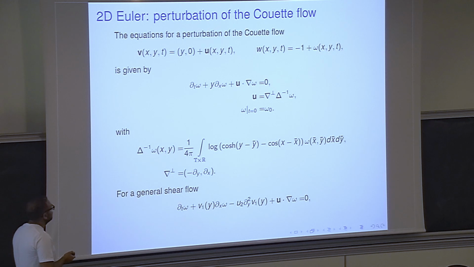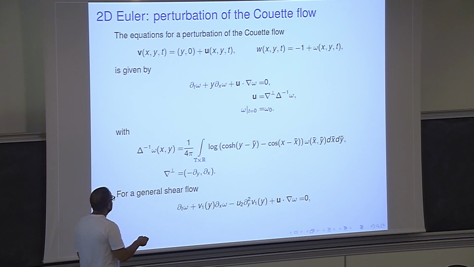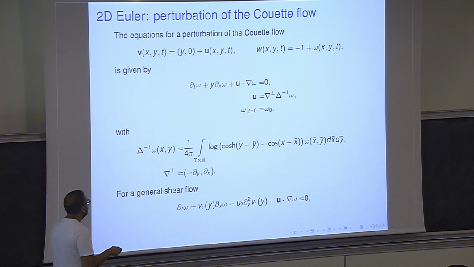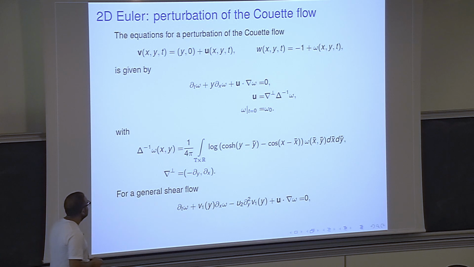And you arrive at a transport equation for omega, which is written over here, where the velocity u is given by the perpendicular gradient of the inverse of the minus Laplacian, which, if you are working in this domain, T times R, you can write in this way. My convention is that the perpendicular gradient is given by this operator.